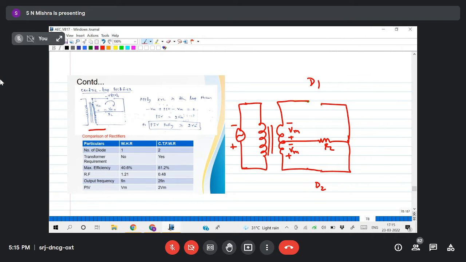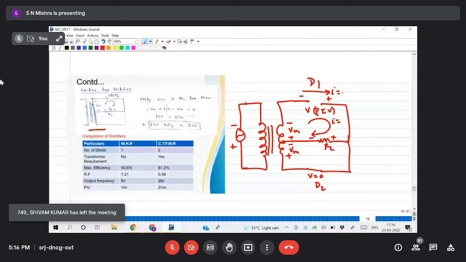Short circuit means here the voltage is 0, but here I'll get some voltage. Let me represent that voltage here as PIV. Here it is minus, here it is plus, and current is flowing in this loop. So in the upper loop, what is the current? In the open circuit, the current is 0.